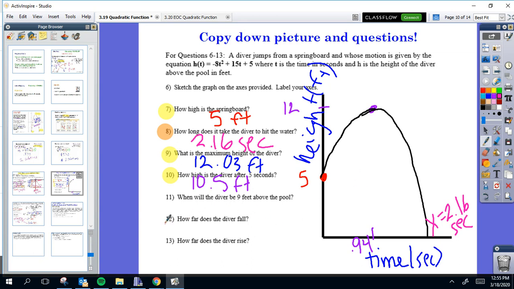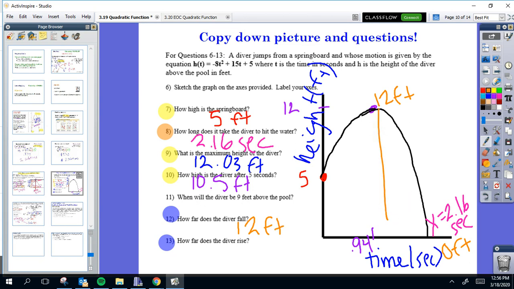All right, so we can answer number 12 and number 13 right here. How high does the diver fall? So falling means it's going down. Our maximum height is 12. And then the diver goes all the way to 0 feet right here. So the diver fell 12 feet, going down 12 feet.